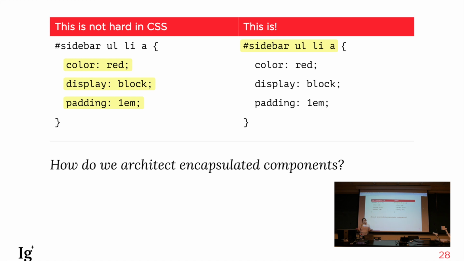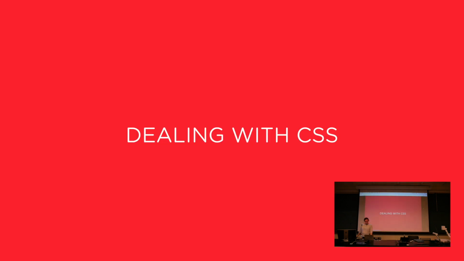So how do we make encapsulated components in CSS so that we can use them anywhere on the page? This is an ongoing process to find a solution for that. And I will show you what the industry answer to these challenges is.